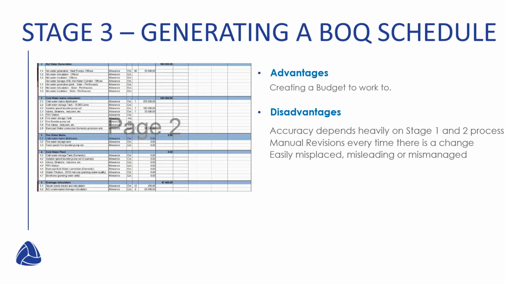The third item, again, and you'll see that there is a trend: those three horrible M's are back. Misplaced information, misleading information, and mismanaged information. The reason why I bring this context up every single time is because you're working in a very manual environment.